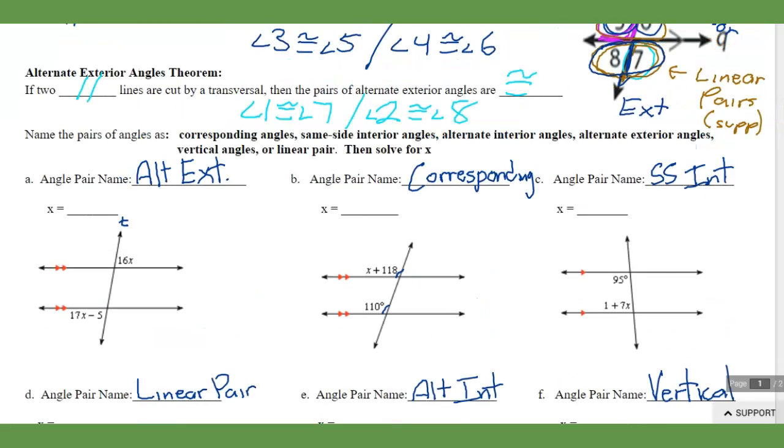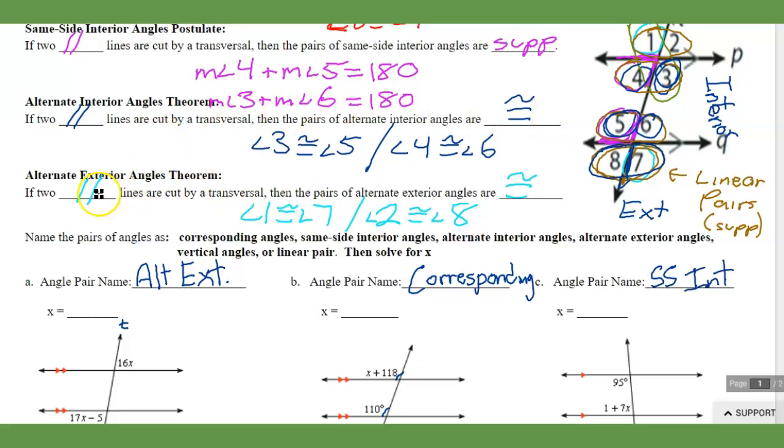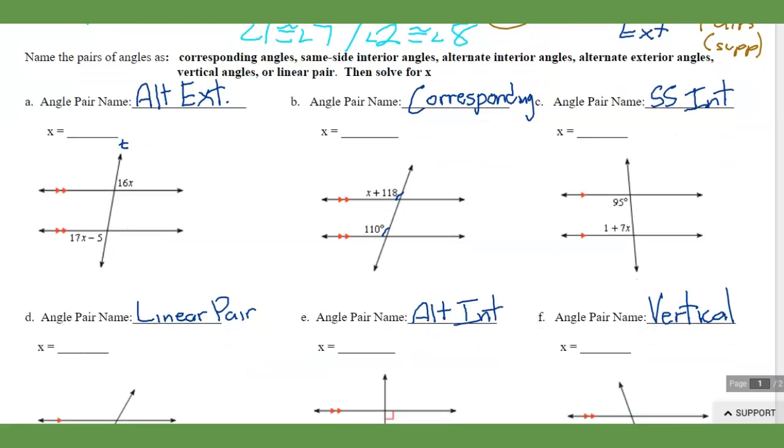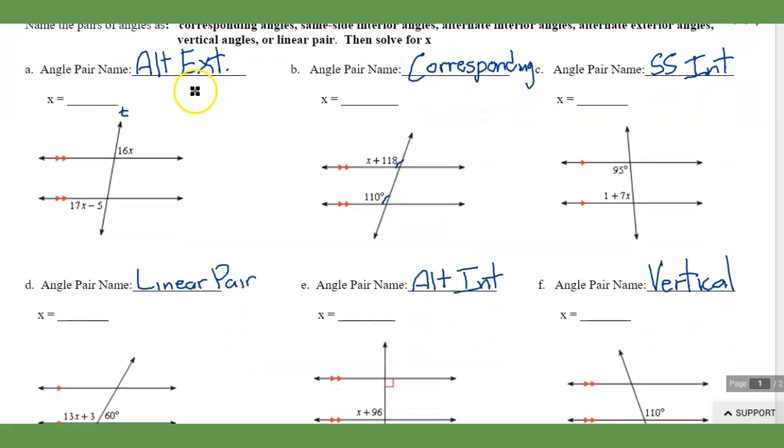So your notes, alternate exteriors are congruent. All right, so let's write our equation here. So if they're congruent, that means these two are congruent. So we have 16x equals 17x minus 5. Okay, so that's step two, is writing the algebra statement based upon the geometry equivalents here.